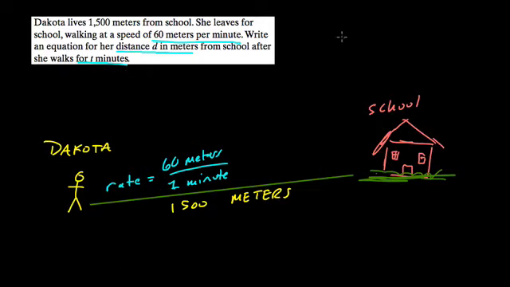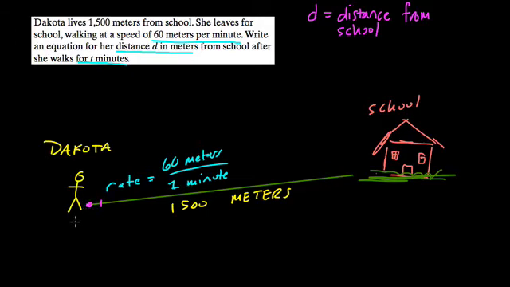So let's just be clear about our variables for a moment. We have d, which equals distance, not traveled, but from school. Let's think about that for a moment. That's a key step here. If Dakota walks a little bit, like starts off here, and then after a minute walks about this far, 60 meters, right? What has happened to her distance from school?